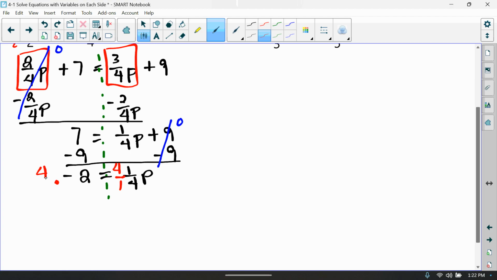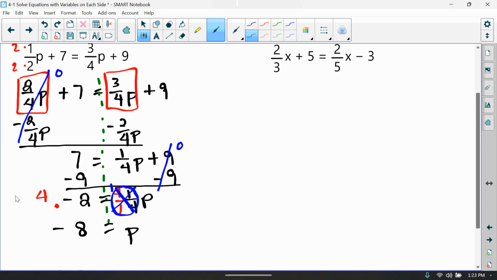You can put it over 1, but you don't have to. So here, this simplifies to 1, and 1 times p is p. And then over here, we have 4 times negative 2, which is negative 8. So p is equal to negative 8.